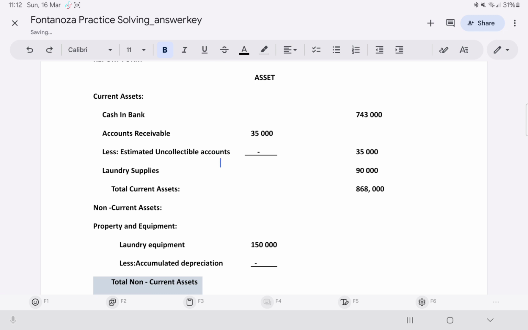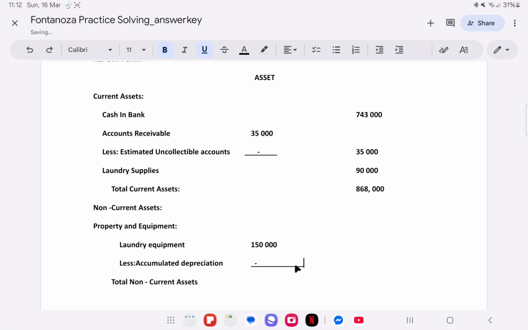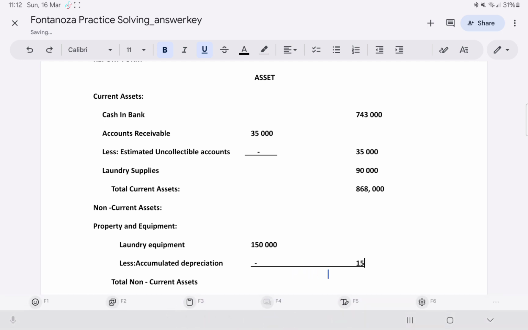Okay, total non-current assets is 150,000. Get the comma. 150,000.